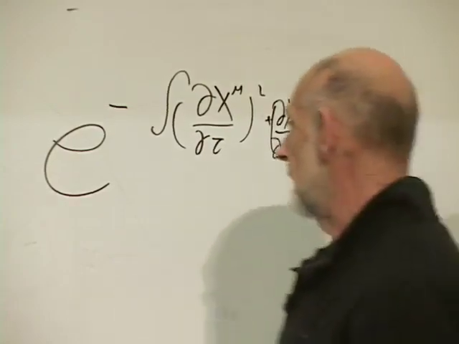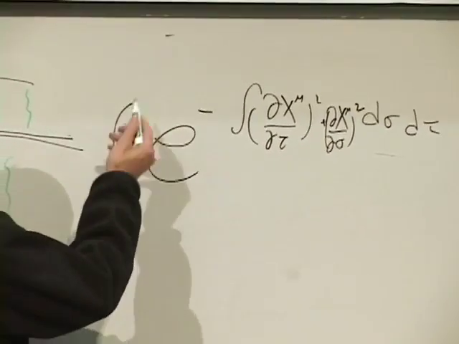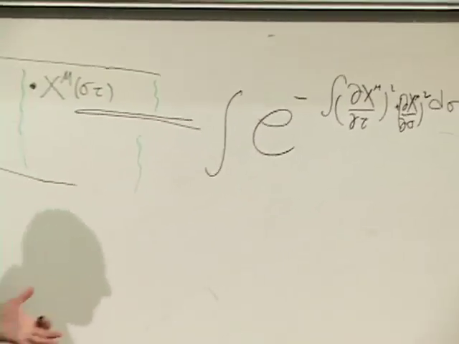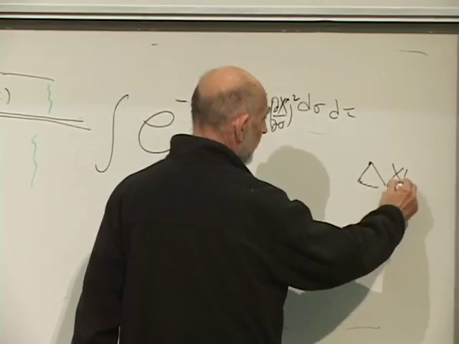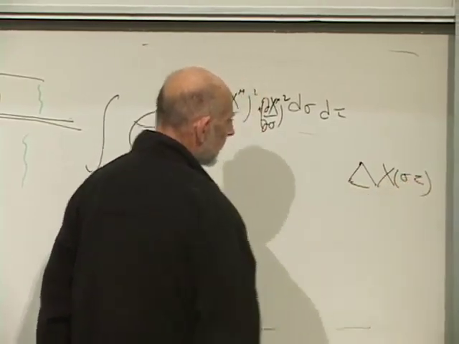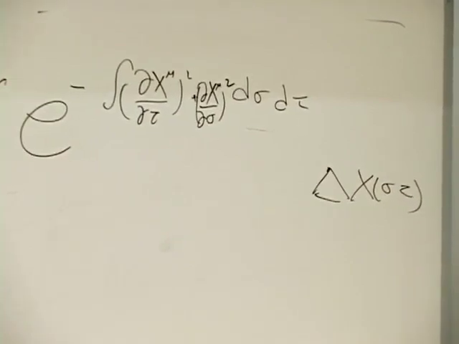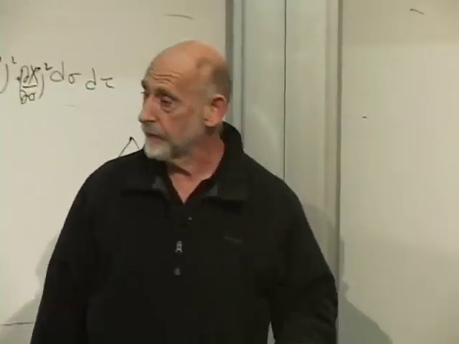We integrate it, path integral, over all possible ways of filling up the surface. It's often written delta x of sigma and tau. This means path integral, and it means integrate it or sum it up over all possible configurations of the world sheet in space-time, the way the world sheet fills up space-time.